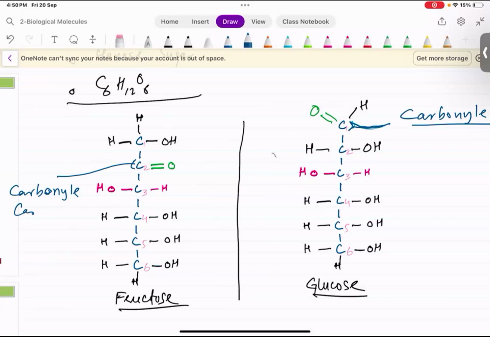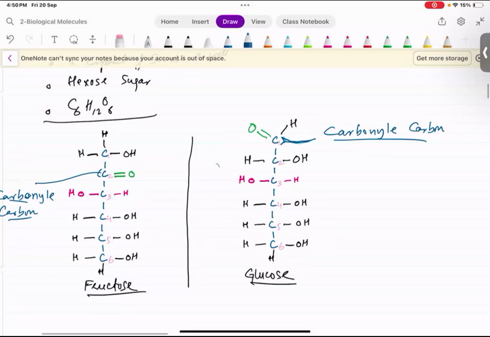Okay. So do you see the carbonyl carbon in fructose is the second carbon, whereas the carbonyl carbon in glucose is the first carbon. Or you can simply say that glucose has double bonded oxygen with the first carbon and fructose has double bonded oxygen with the second carbon.